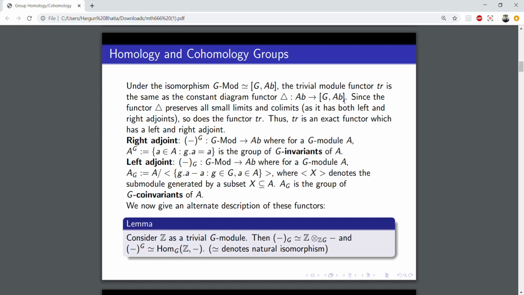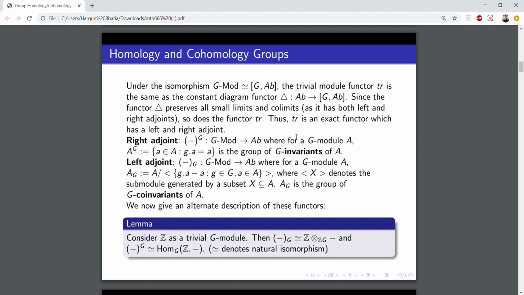And G is already a small category, so this tells us the trivial module functor has both left and right adjoints, which implies that it preserves all small limits and colimits, and hence it must be exact. So that's one nice way to see that it is an exact functor.